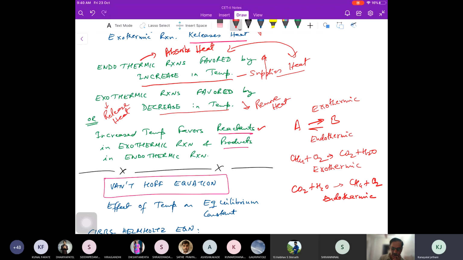So when I say increased temperature favors reaction, that means उल्टा reaction हो जाएगा, because increased temperature में actually ये endothermic reaction होगा.